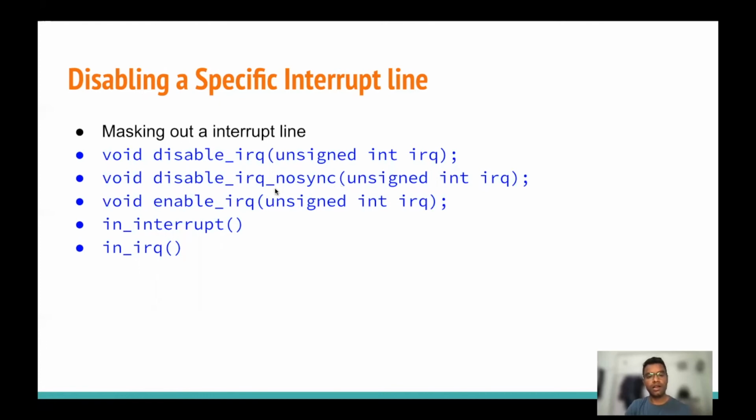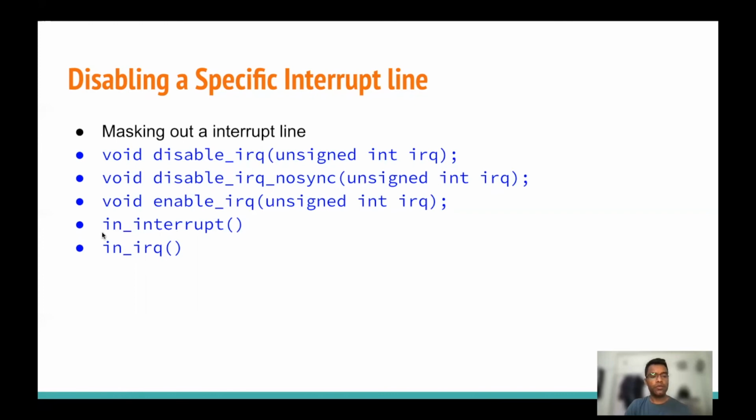If another handler is running on that interrupt line, then it will not wait for that handler to finish before disabling that interrupt line. But in this function, it will wait for that handler to complete first. After that, it will disable that interrupt line. And this is the function to enable the disabled interrupt line.